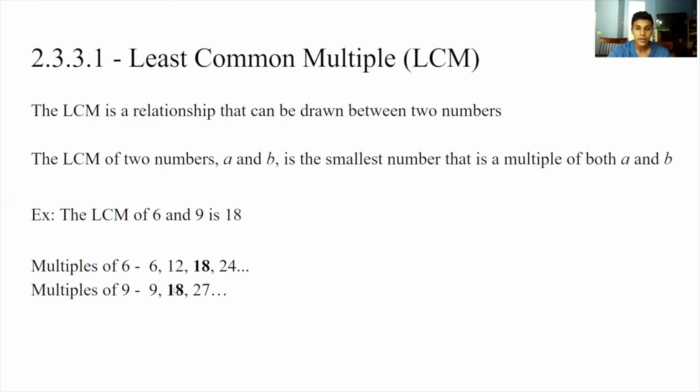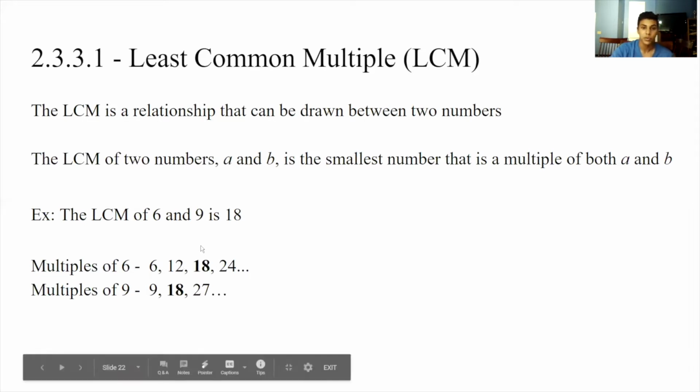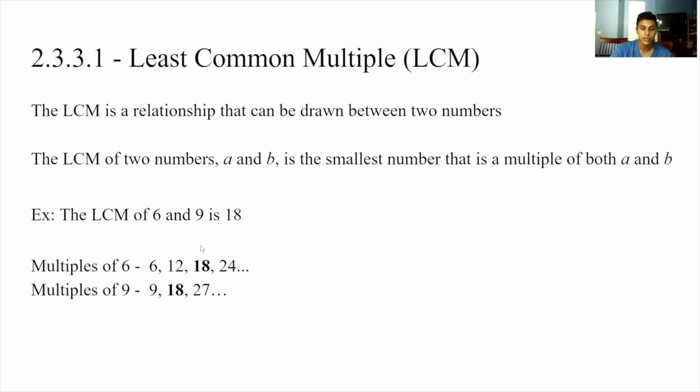Well, we can stop there already because 18, we already noticed, is a multiple of both numbers. So now we just need to make sure that it's the lowest number that is a multiple of both. And it actually is, because none of the other numbers that are multiples of either 6 or 9 are shared. 18 is the first one, which would make 18 the least common multiple of 6 and 9.